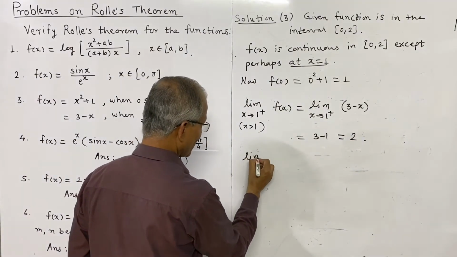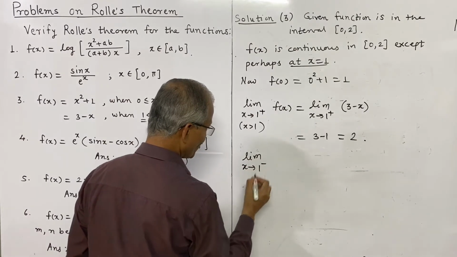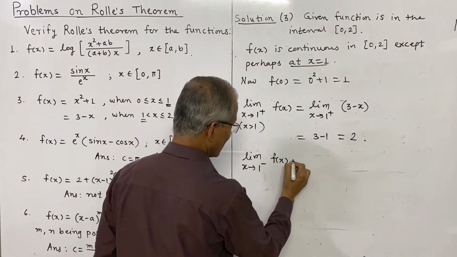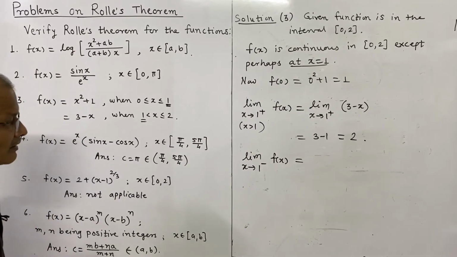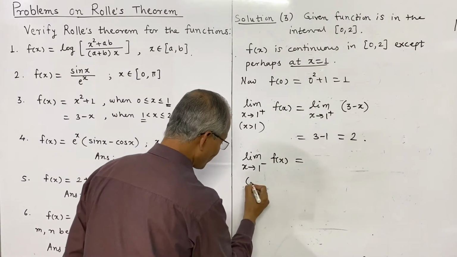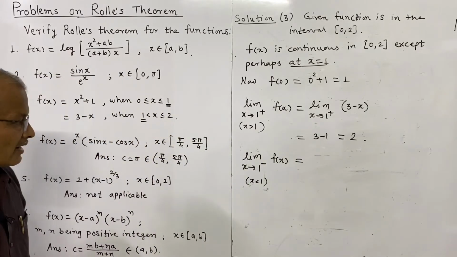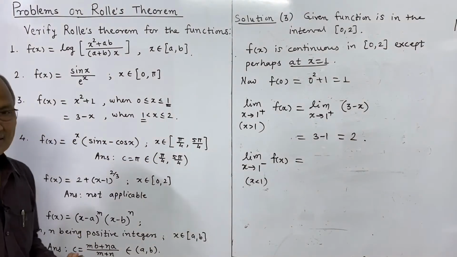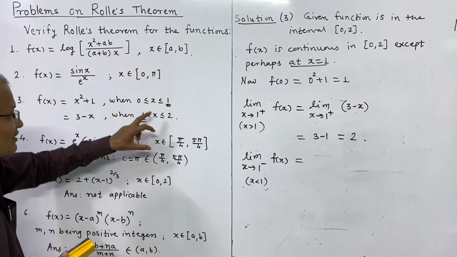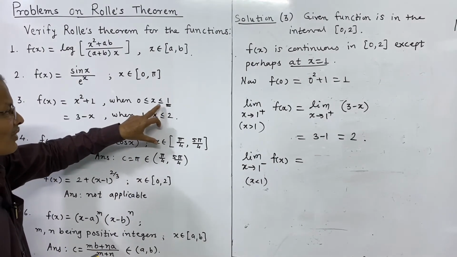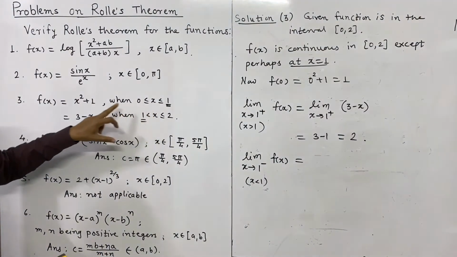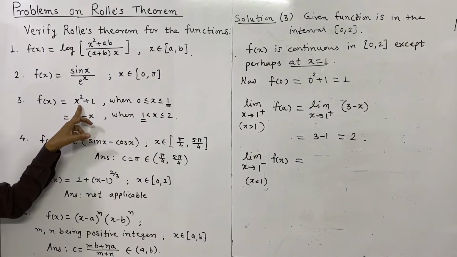Next is limit x tends to 1 from left of f of x. x tends to 1 from left means x is less than 1, and x less than 1 is in which interval? See, x less than or equal to 1 means this interval, and for this interval the definition is x square plus 1.